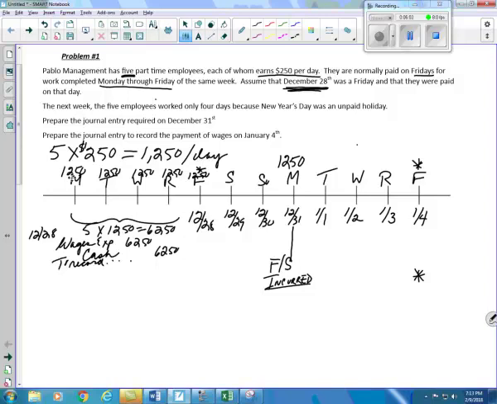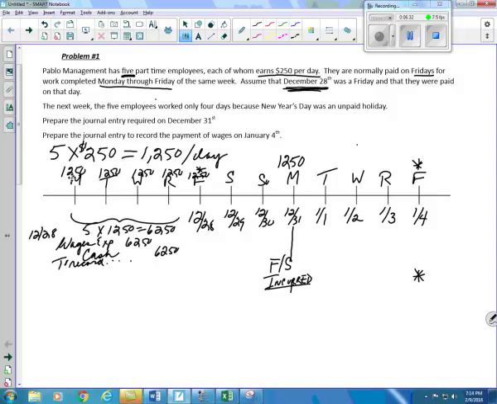We have an expense, but we don't have a transaction to record because we haven't paid them on 12/31. But we still have to record that expense because we have incurred it. One day was worked in 2017, and we're going to issue a financial statement, so we can't just ignore that expense and not record it.